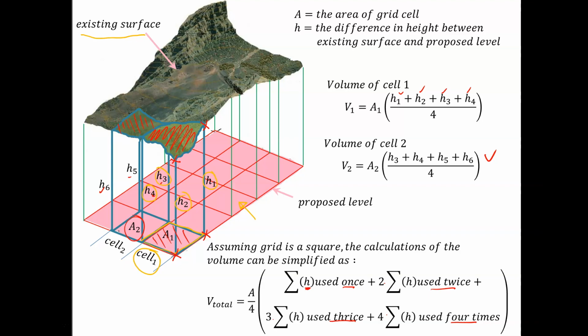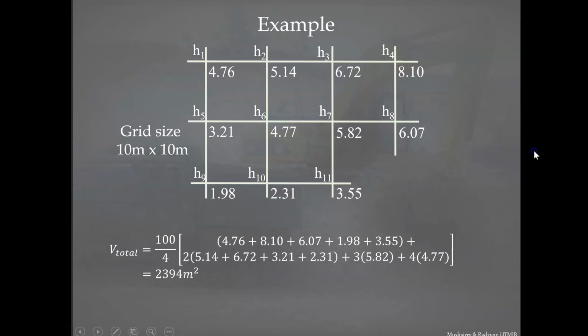Okay, so I think I've got one example of this. Look at this example. We have 1, 2, 3, 4, 5 cells. We've created a grid size of 10 by 10 meters, and the numbers here represent the difference between proposed and existing.